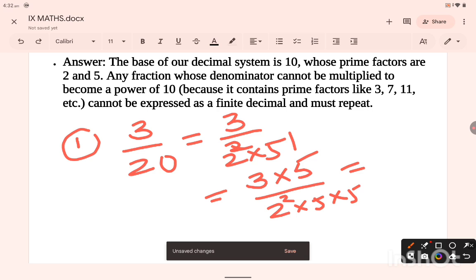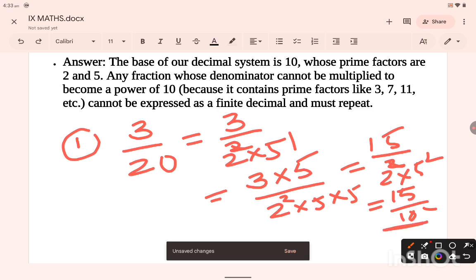That is equal to 15 by 2 square into 5 square, which is equal to 15 by 10 power 2. When the given fraction is in simplified form and the denominator can be expressed in the form of 2 to the power of m into 5 to the power of n, then that denominator can be expressed as a power of 10. In this case, this type of fraction is known as a terminating decimal.